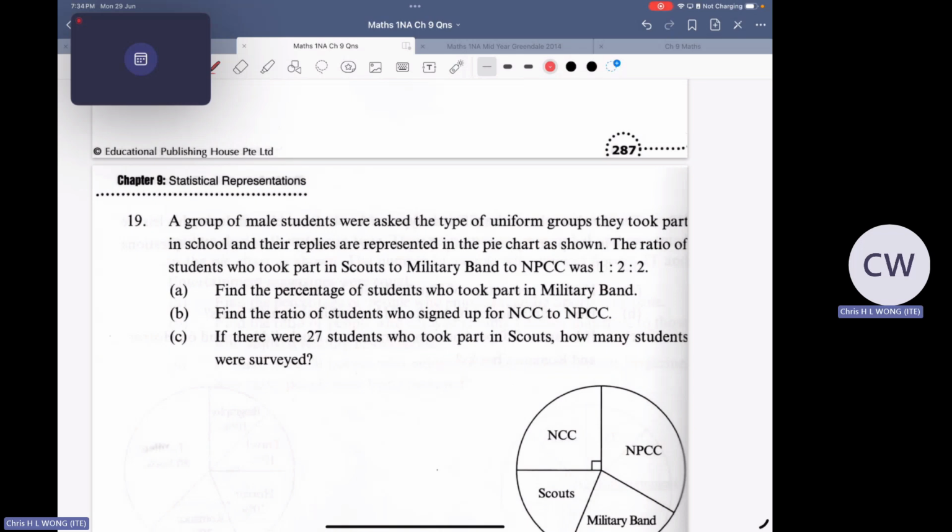Chapter 8 forward to CC. Chapter 8 question.